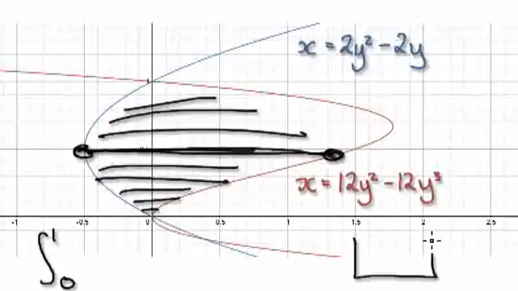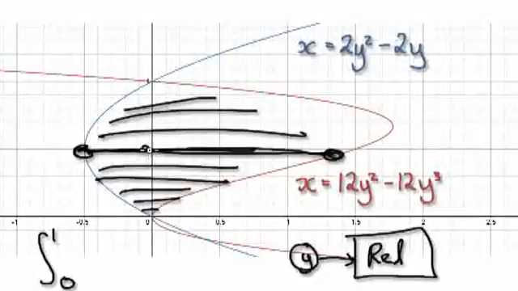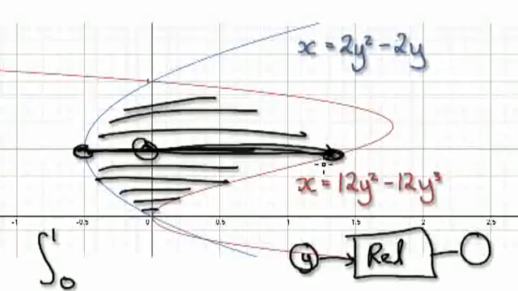If you look at the red line and put the y value into this machine, it will give you a unique x value.